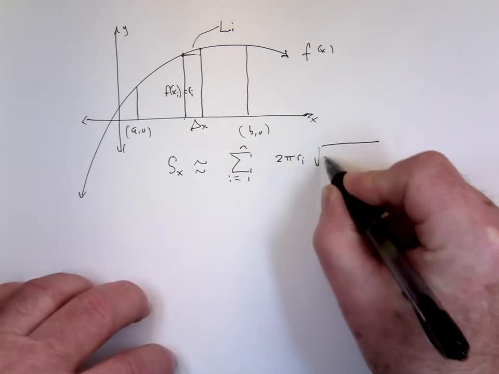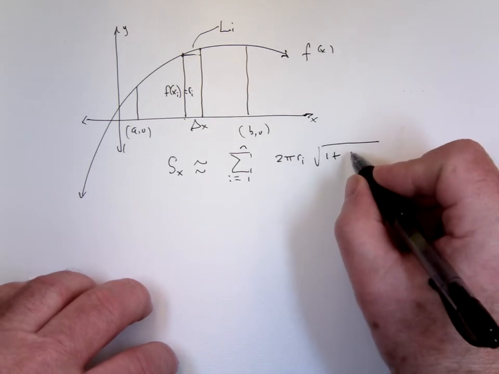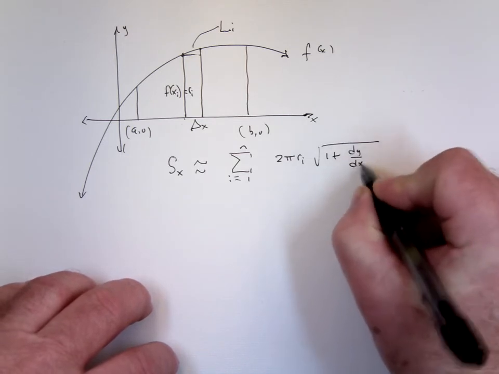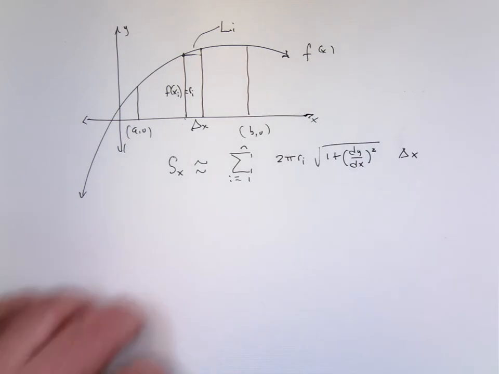The element of arc length is what we did just before. That's what we have for the approximate surface area of that solid of revolution.